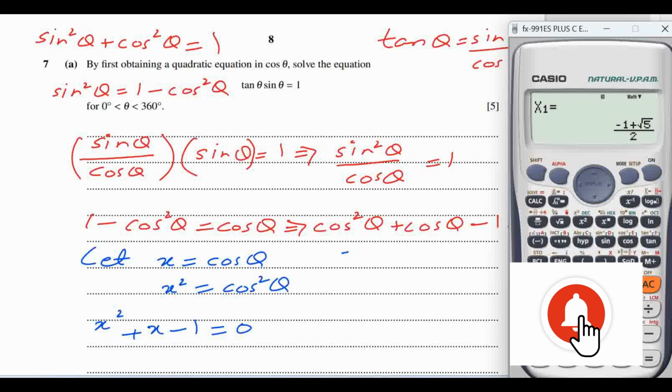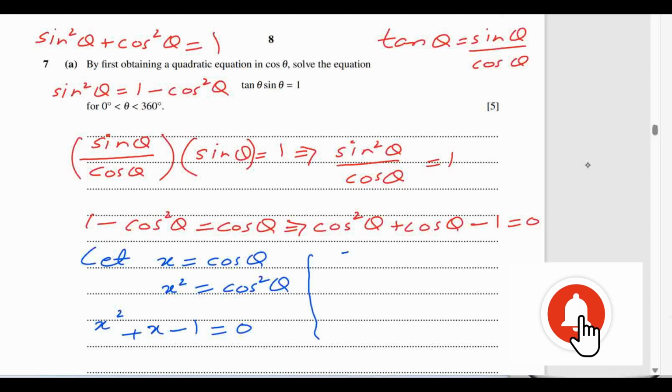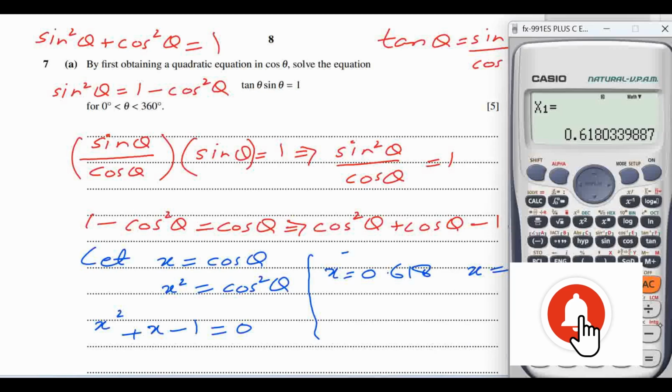So we will have two values. The first one is 0.618, so x will be equal to 0.618, and then x will be equal to minus 1.61.